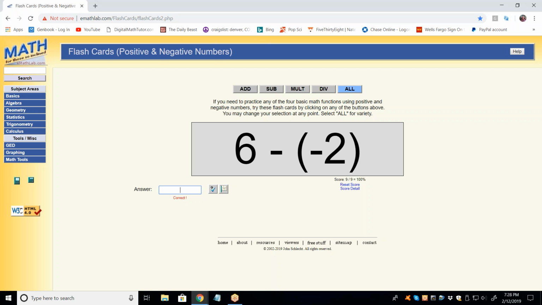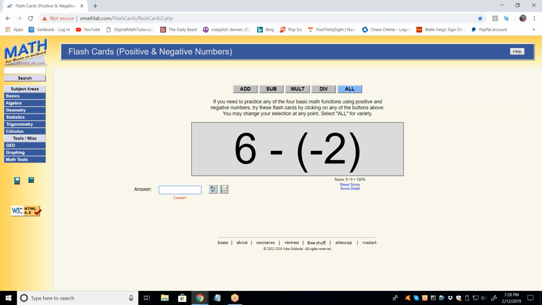Negative. Okay, this is a subtraction problem. Remember what I said. Whenever you have a subtraction problem where there is another negative sign in the problem, always turn it into an addition problem. How do you turn it into an addition problem? You make that first subtraction sign a plus sign, and you change the sign of the number that was being subtracted.